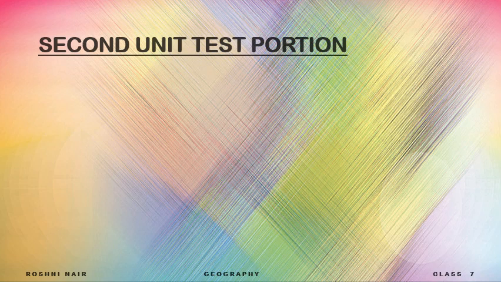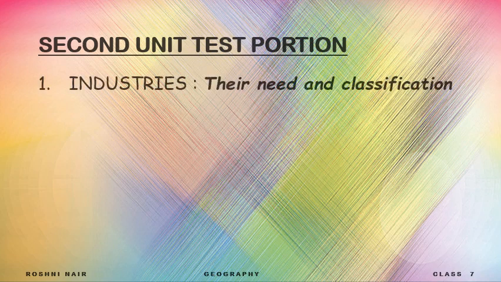Before we start our second term, let us first discuss the portion for the second unit test. For the second unit test, we will be having two chapters. Out of that, the first one is industries, their need and classification.